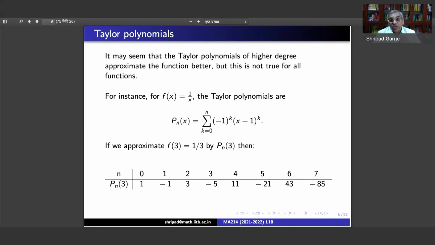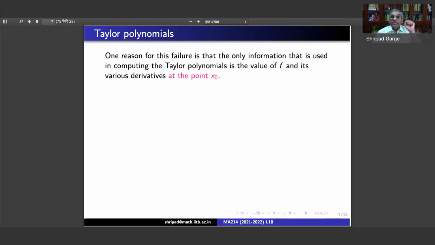The thing that is going wrong is something that I have already said, which is that the Taylor polynomials use information only at the given point x0. So you may have the function value at x0, all its derivatives at x0, and then further derivatives at x0, only at x0, but we don't worry about other points.